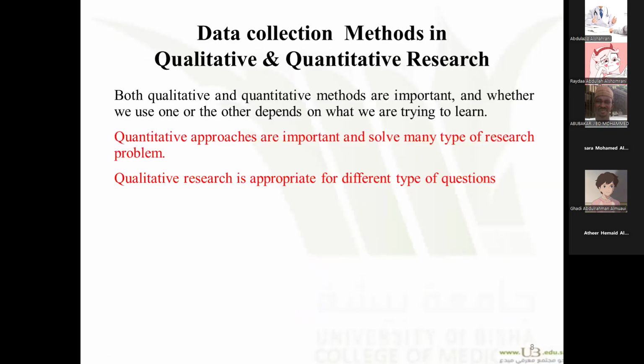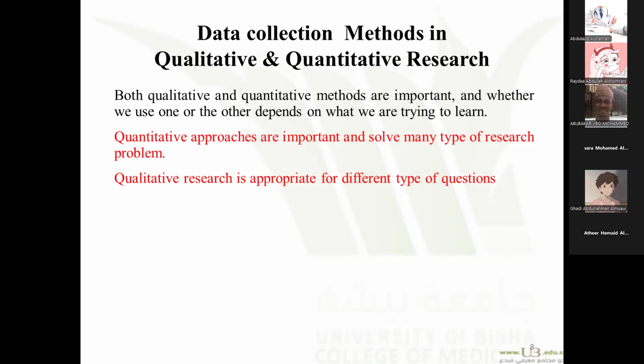So, data collection methods. Data collection methods depend on the type of research. The methods you follow when doing a qualitative research may be different from the methods you follow when you are doing quantitative. Now, both qualitative and quantitative methods are important.